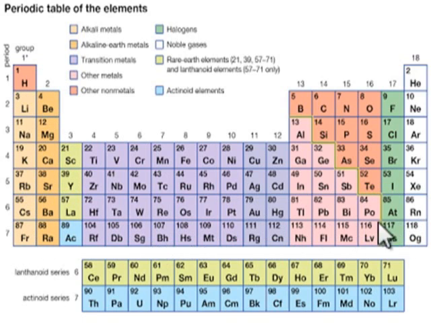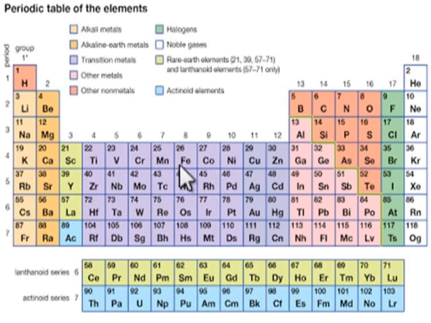Now in between group 2 and group 3 is a series of elements, these elements you are seeing here. They are called the transition elements. They have unique characteristics. They are mostly used as catalysts. They form complex ions, and they have other properties.